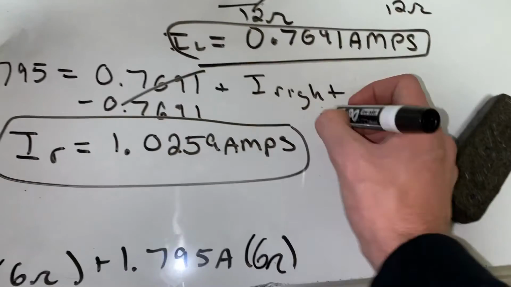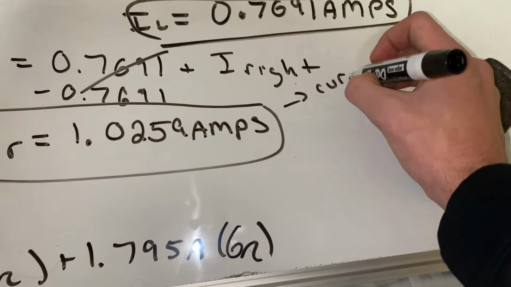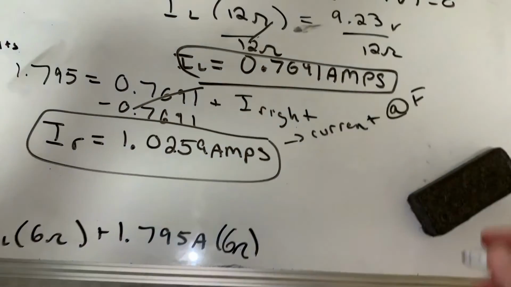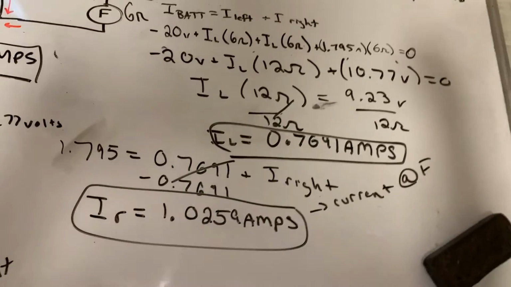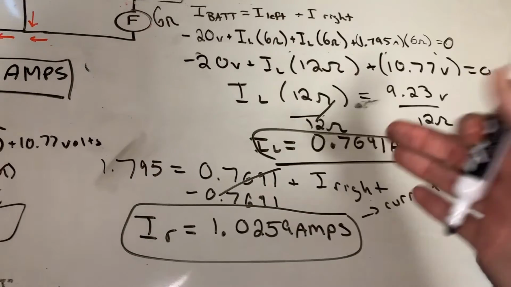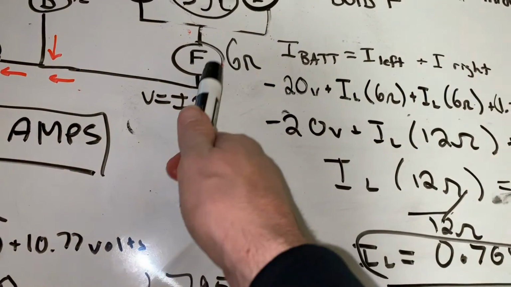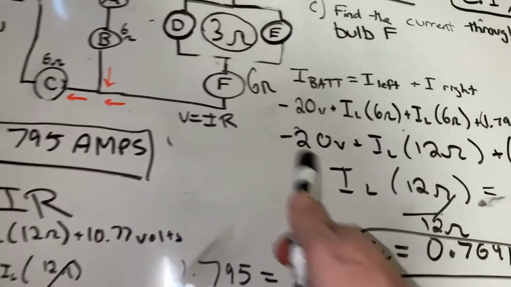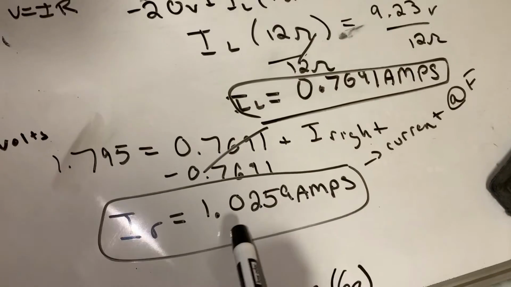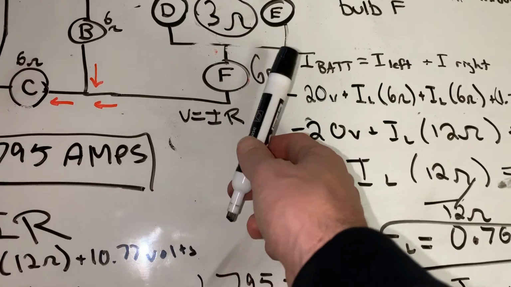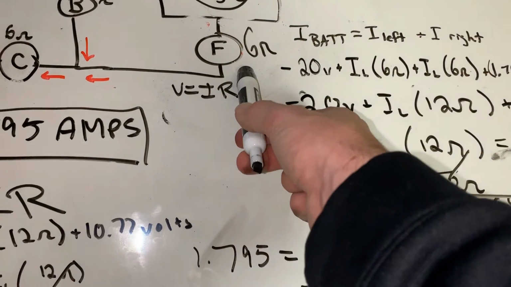So this is the current at F. Now we can use Ohm's law, V equals IR, to solve for the voltage at F. So we have the current at F, 1.0259, and we have already been given that the bulb is 6 ohms.